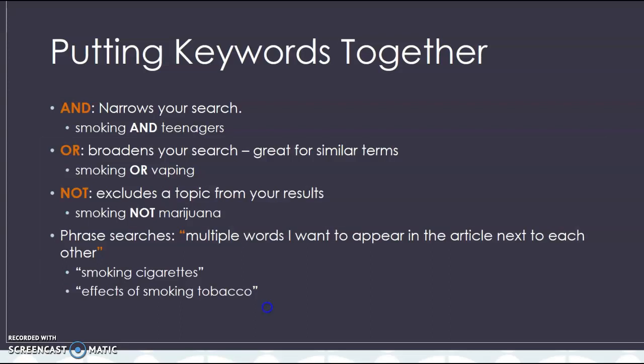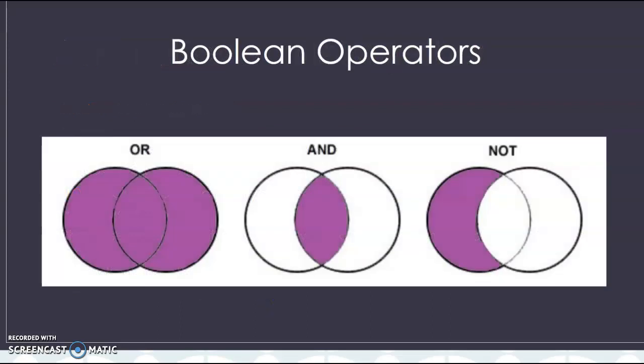So just to visually show you how these different Boolean operators work, OR is going to expand your search, give you more results. If we did smoking or nicotine, we're going to find articles about smoking, articles about nicotine, and articles about both. Okay? Only with those synonymous or related terms in that same category of your topic.